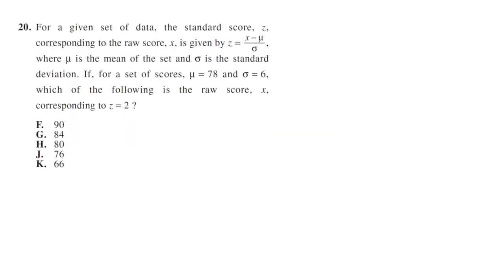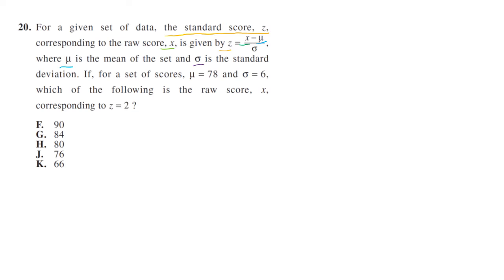For a given set of data, the standard score Z corresponding to the raw score X is given by this equation. So we have Z and we have X, and I can't remember what that symbol is called, we'll call it U, the mean of the data, and this symbol, let's call it squiggly O, I know these have names, maybe theta, is the standard deviation.